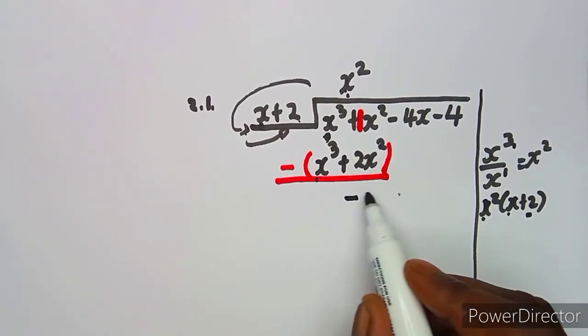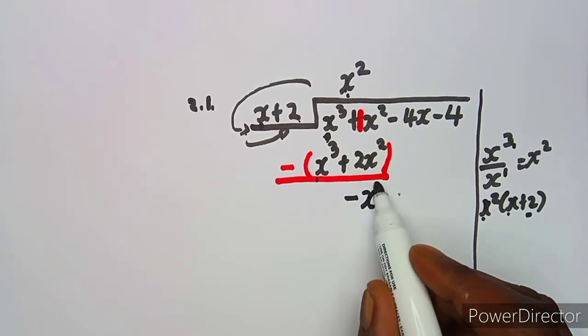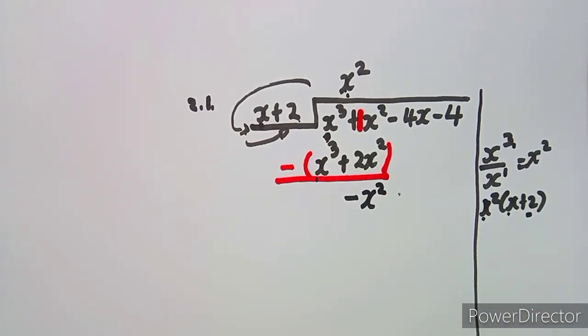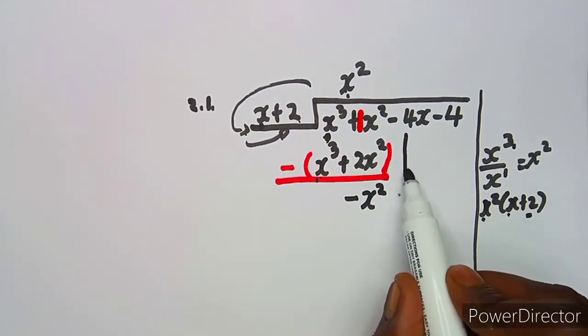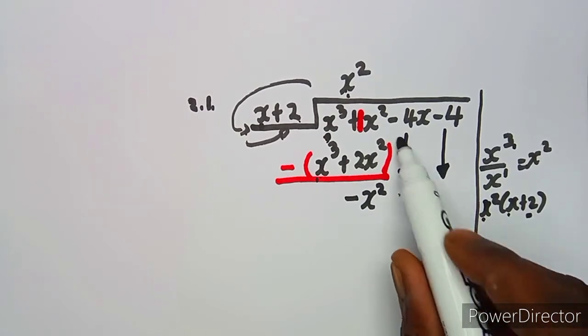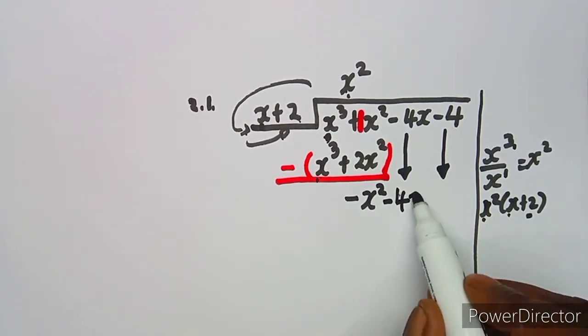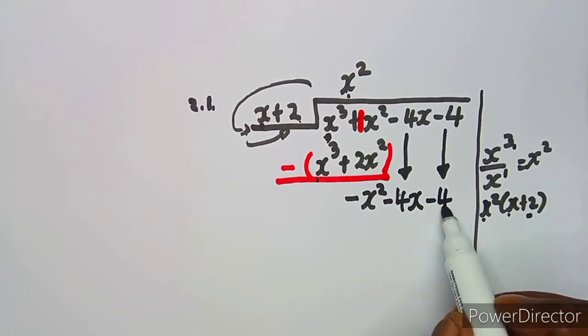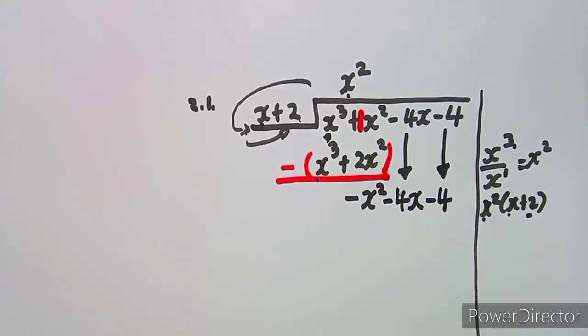So you're going to have minus 1, which is minus x squared. All right, so remember that after subtracting, you have to drop the other terms which are remaining, which are negative 4x, negative 4. These are the terms that are remaining.